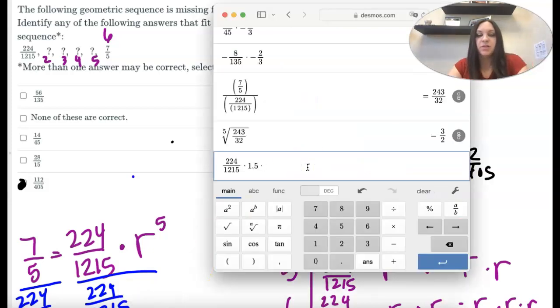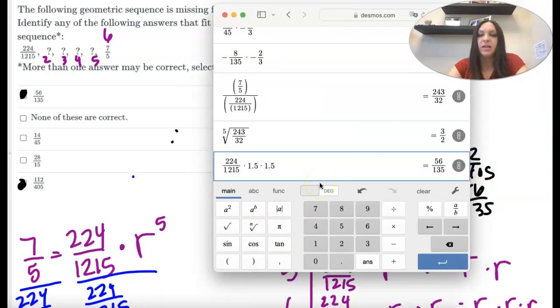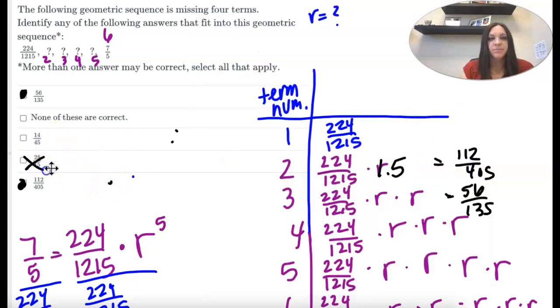So times 1.5. 56 over 135. Fourth term, you times by r again. And at this point you could use powers if you want. This would be to the third power. So 28 over 45, so not that one.